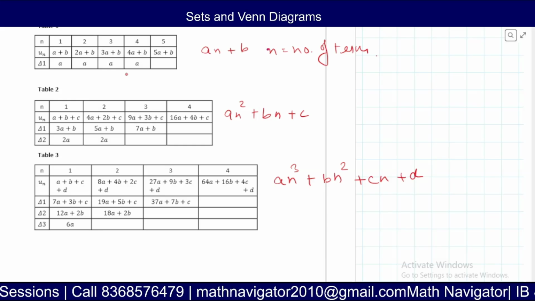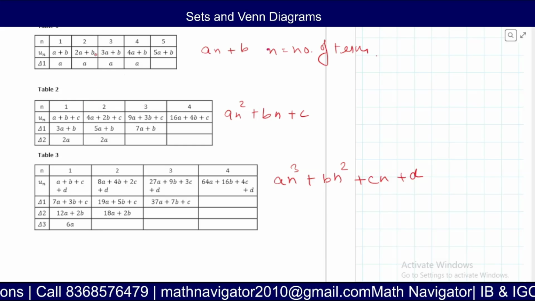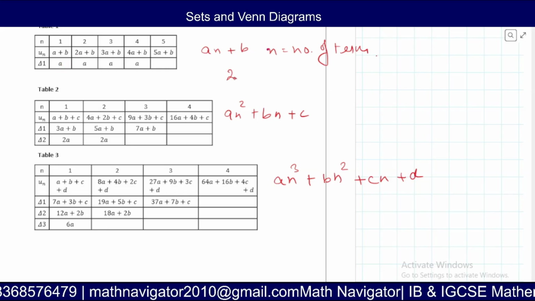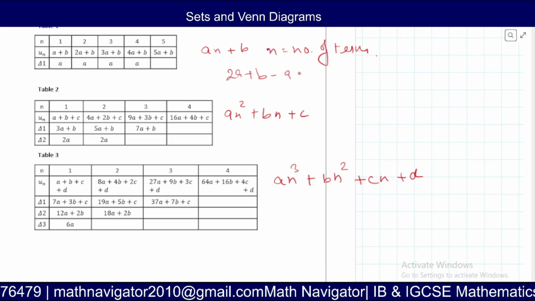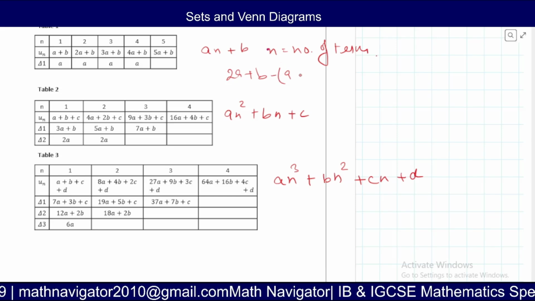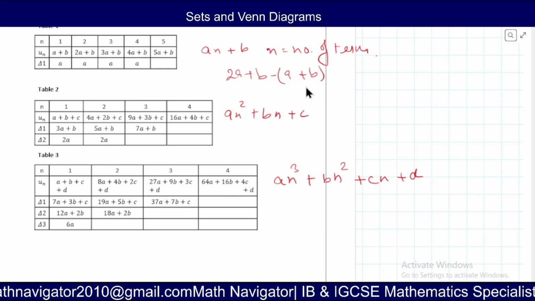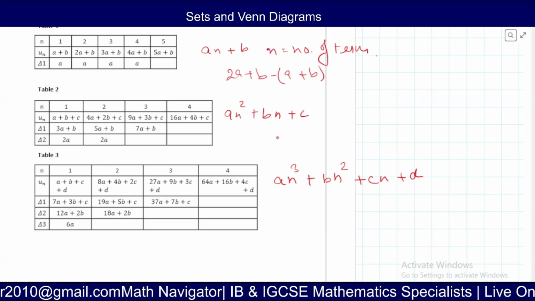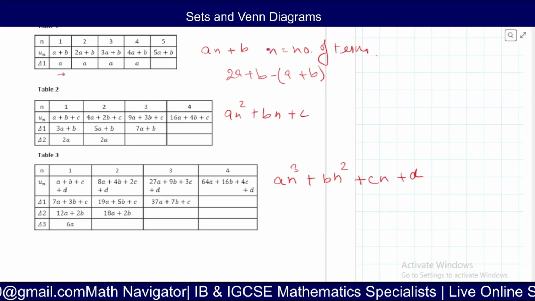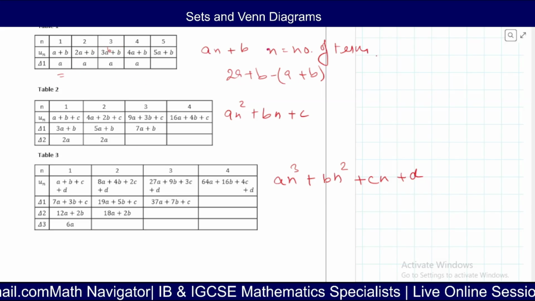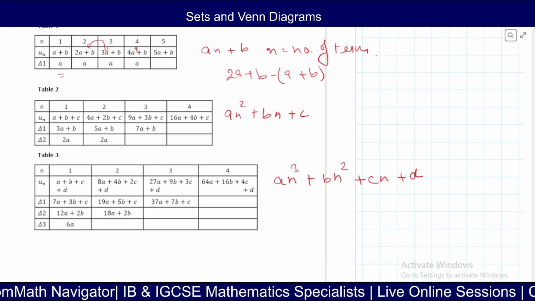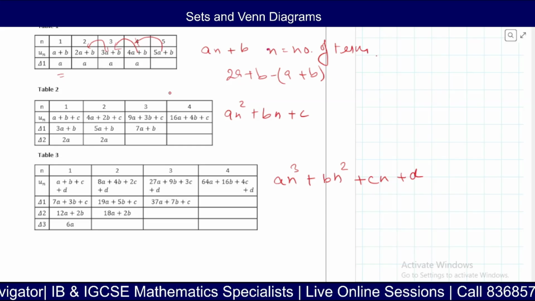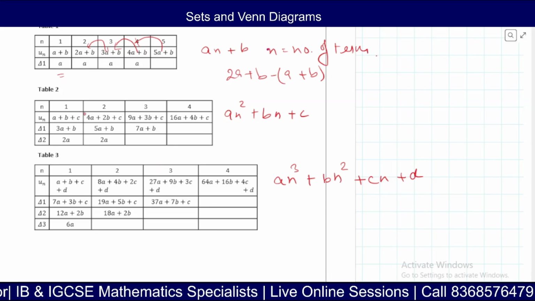Now the first difference: if you subtract a plus b from 2a plus b, what I am trying to do is find the difference between the second term and the first term. It is a. So if you subtract this from this, or this from this, you will get a. Clear?